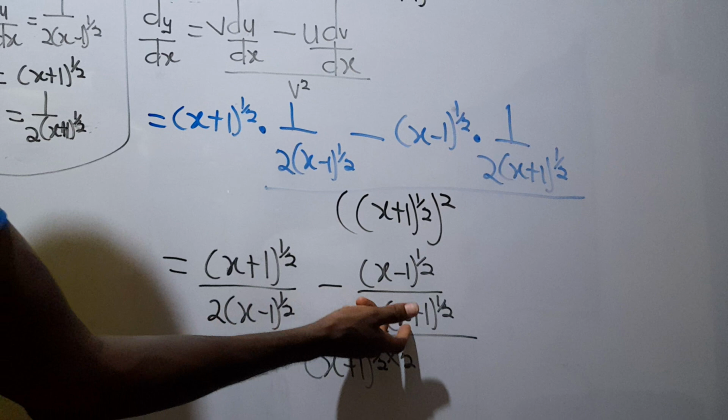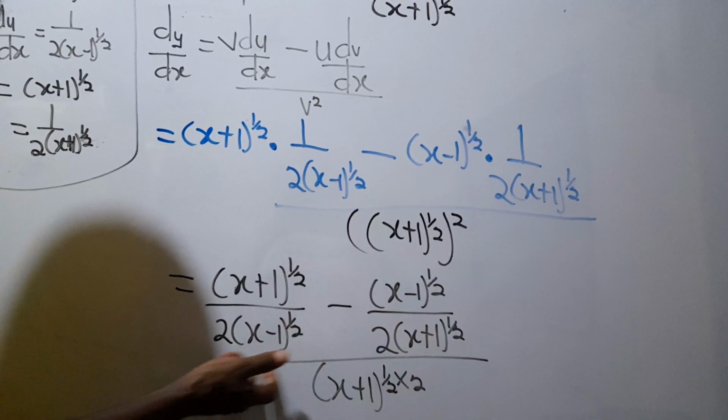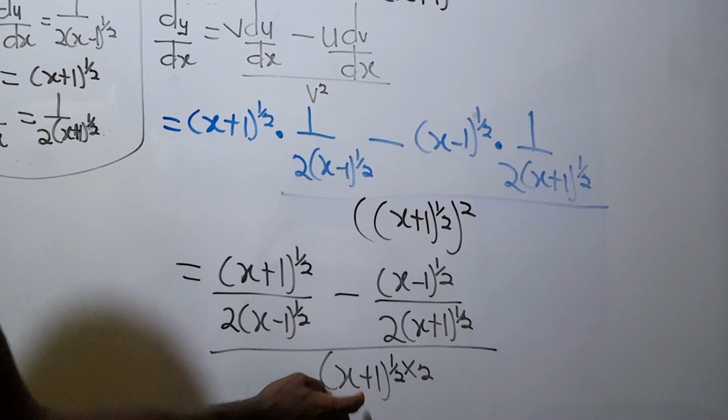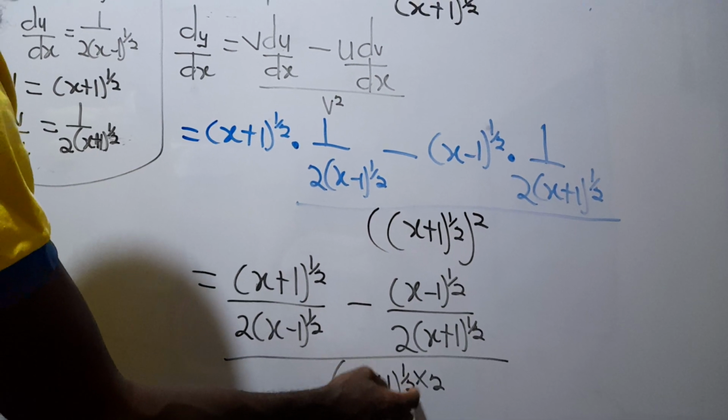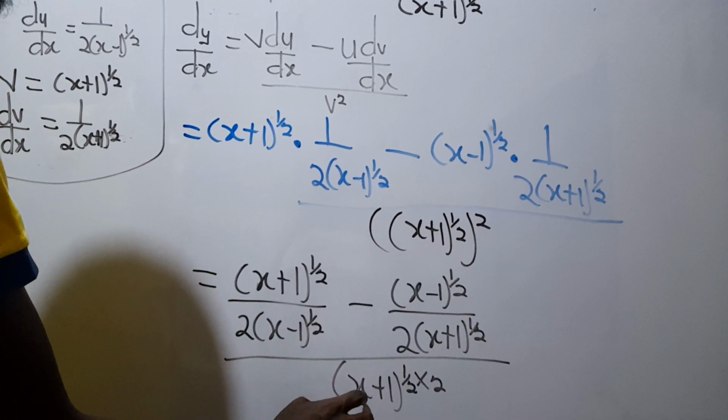So we find the LCM here, then we simplify the top. Remember this half times 2 will give you 1, so we'll be left with x plus 1.